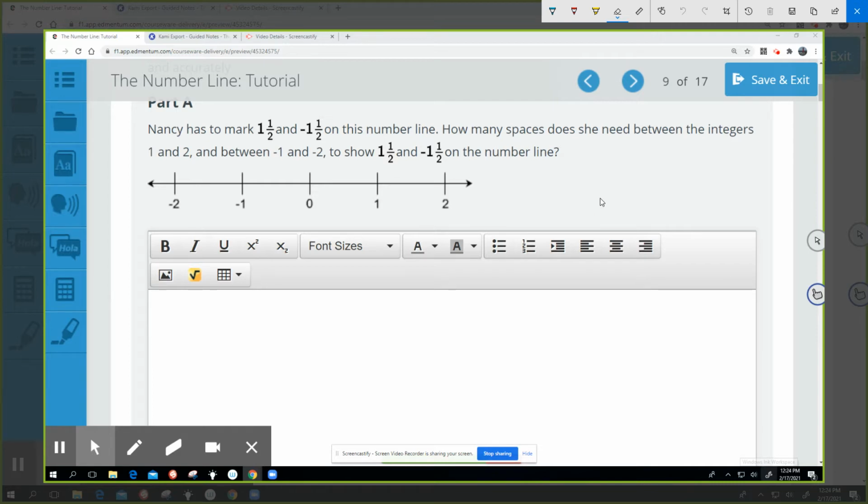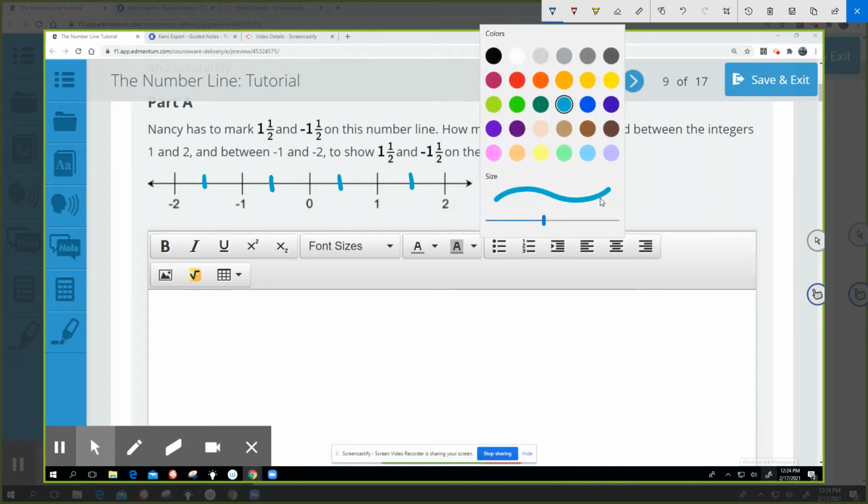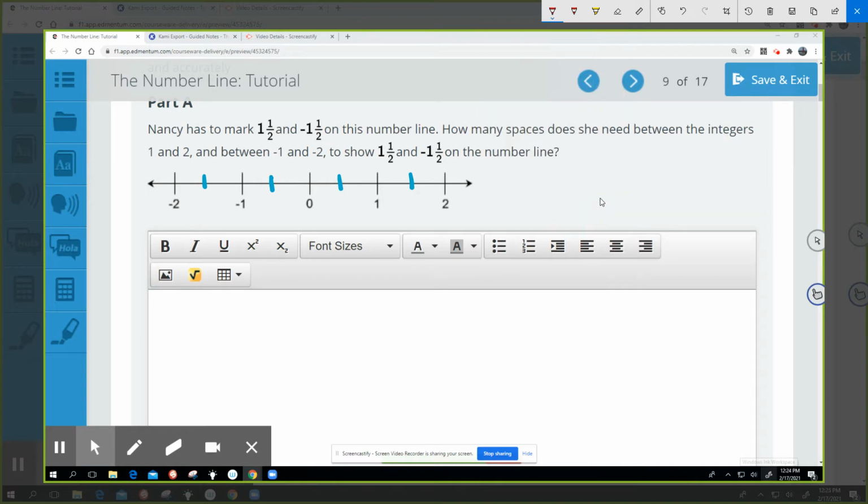Go ahead and unmute and answer that question. What is my denominator here? 2. So I'm going to have 2 parts to each whole in order to show halves, right? Yes.